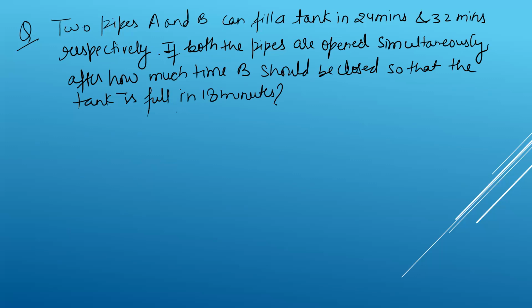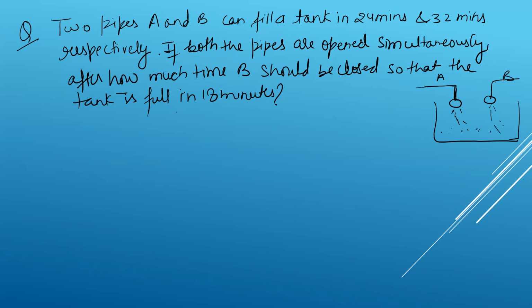Let me read the question once again. Two pipes, A and B, can fill a tank in 24 minutes and 32 minutes, respectively. If both the pipes are opened simultaneously, this is a tank. Okay, this is the tank. This is your pipe A, and this is your pipe B. I'm not very good at drawing, so I hope you are able to figure out what I'm trying to portray.